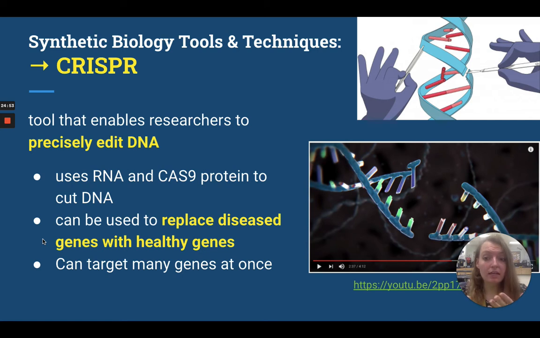Well, this technique can allow the clinicians to cut out the piece of DNA that is diseased or that caused the person's disease and replace it with a healthy gene. It can also target a lot of genes at once instead of going one by one. And this is really the future of health. So I'm going to show you a quick video on this technique so you can see it in action.